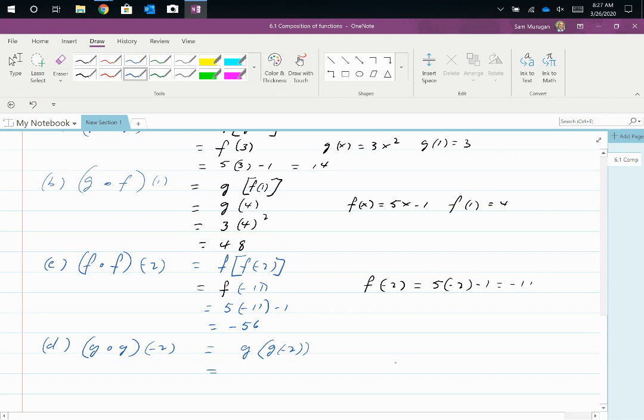So we need to find out what g of -2 is, and that means we're substituting into the original function. The original function is 3x squared, so 3 times -2 squared, which is positive 12. So this is g substituted with 12, and this is 3 times 12 squared, which is 432.